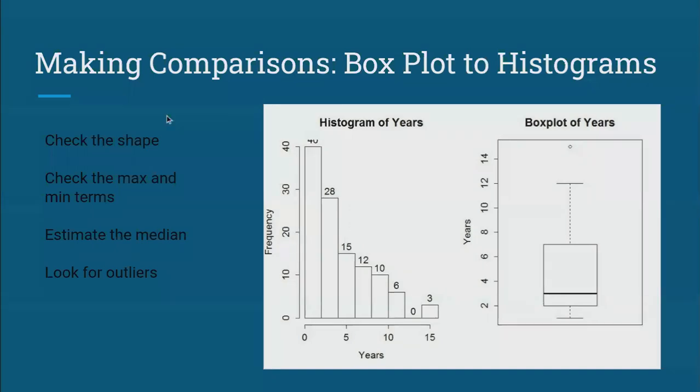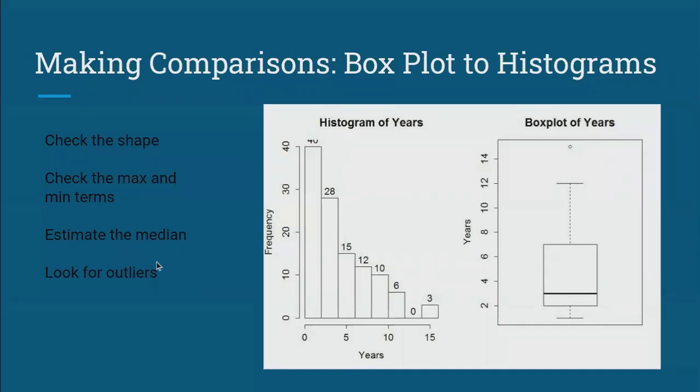So here, we are going to check for shape, check for the maximum and minimum terms, estimate the median, and that only applies to the histogram because the median is clearly marked in the box plot, and look for any outliers. And remember, outliers are just those values that lie outside of the main body of data.